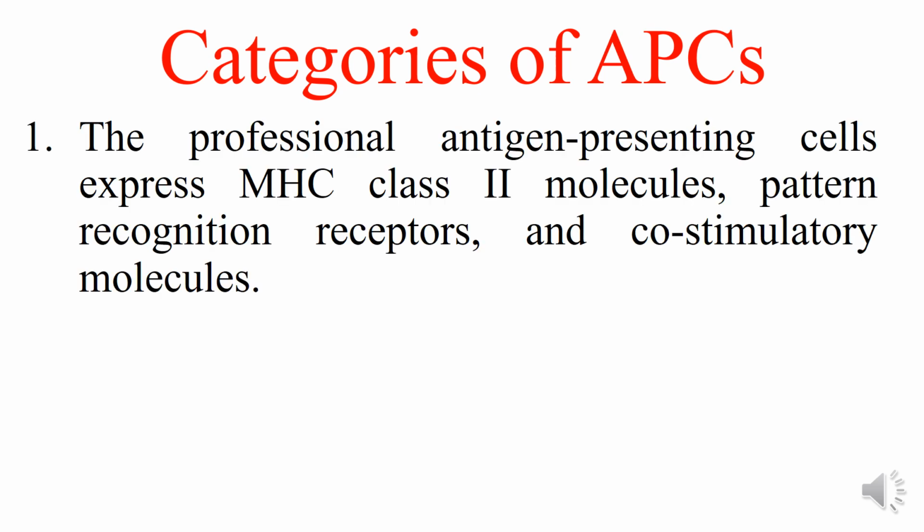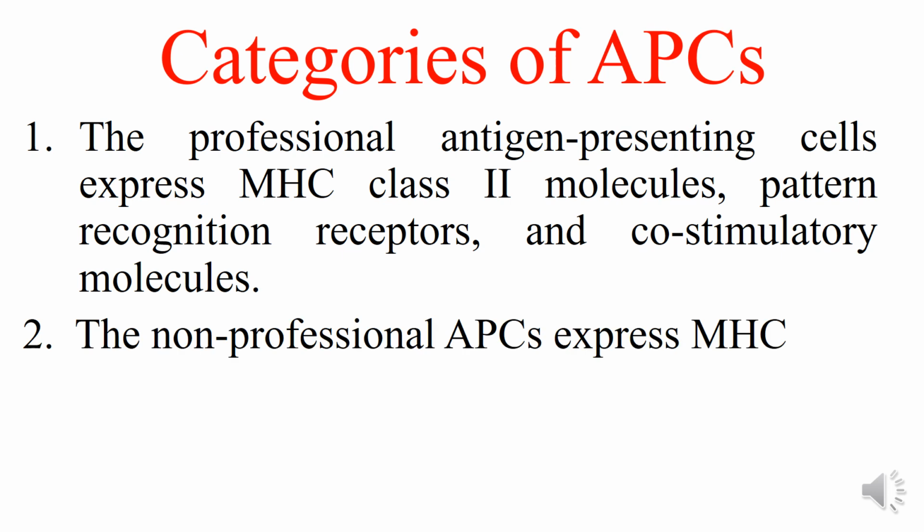The first category includes professional antigen presenting cells, and the hallmark of these cells is that they express MHC class II molecules, pattern recognition receptors, and co-stimulatory molecules. The second kind is the non-professional APCs, which express MHC class I molecules.